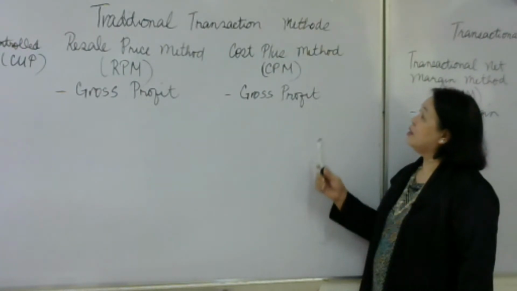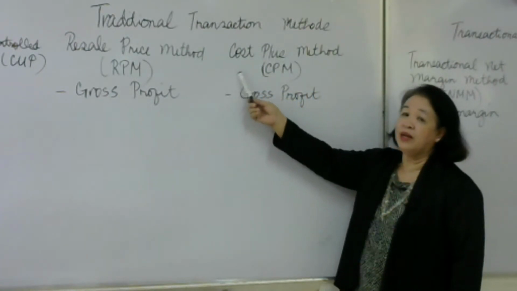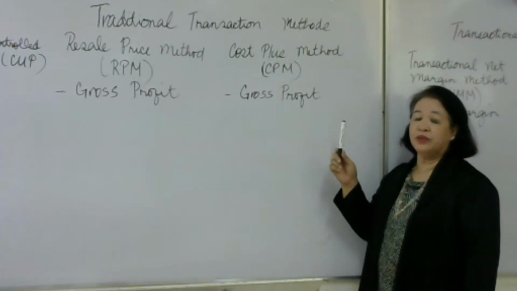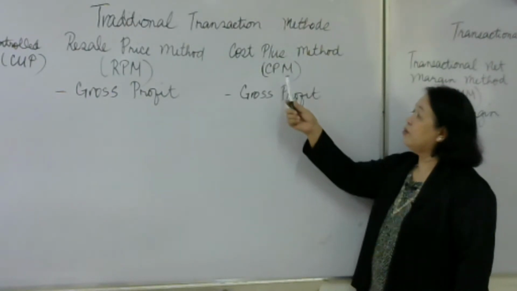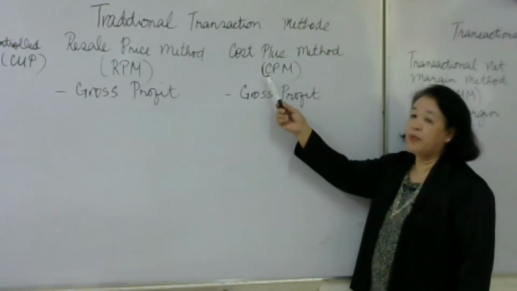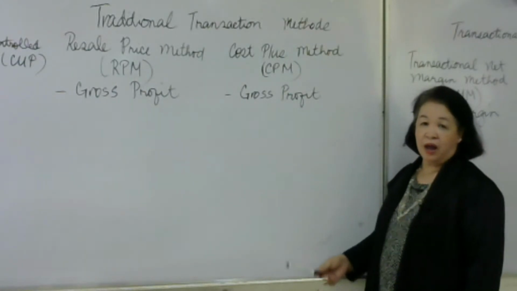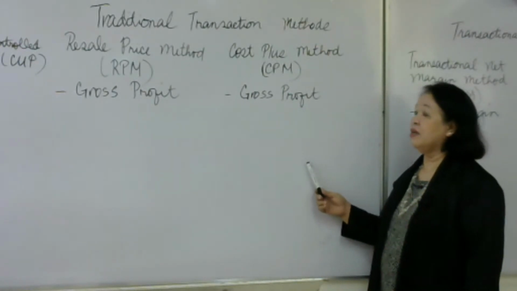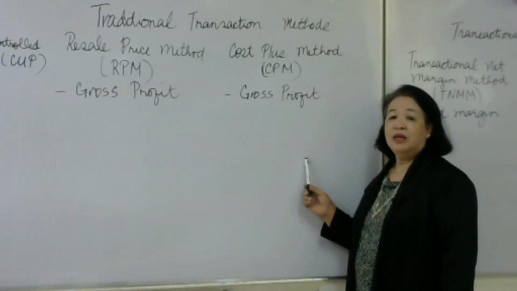So pagka sabi natin na cost plus method, itong cost usually if the transaction, no, between related parties, the parent and the subsidiary, itong cost plus usually meron itong agreement or may contract, no? Kasi especially if service provider ka, hindi ka napapayag na walang kontrata.